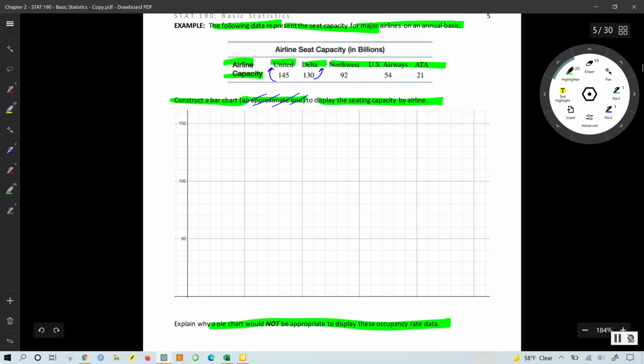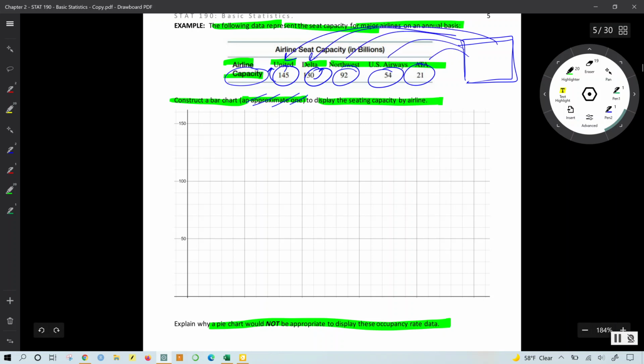As you might have reasoned, you observe that the data values given here were capacities for different airlines. It was not as if there was a fixed number of capacity that was completely available and this was shared among different airlines. That is not the case.